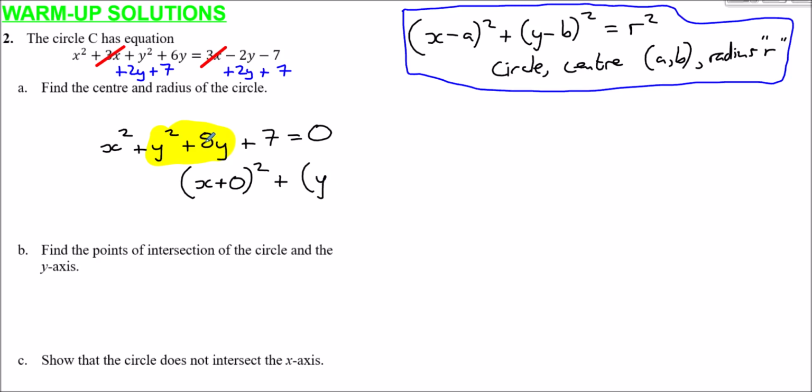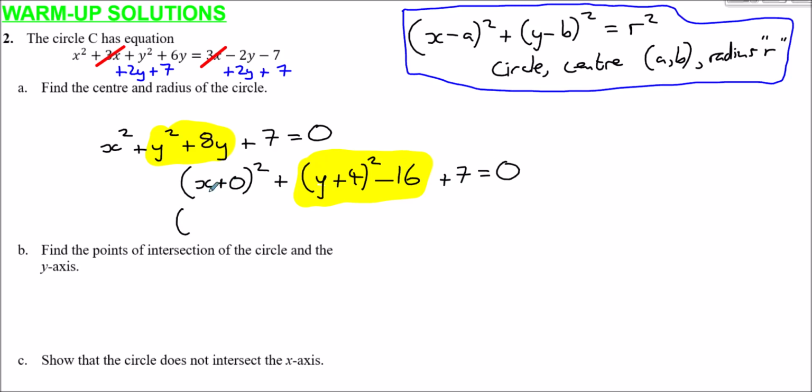We half the coefficient of the y, so half of 8 is 4. We square all of that and subtract away the 4 squared, so we subtract away 16. So this here, in completed square form, becomes this. And then we don't forget the plus 7, because that would be rude. Plus 7 equals 0.